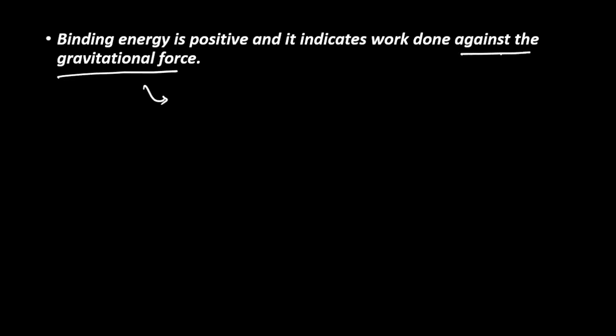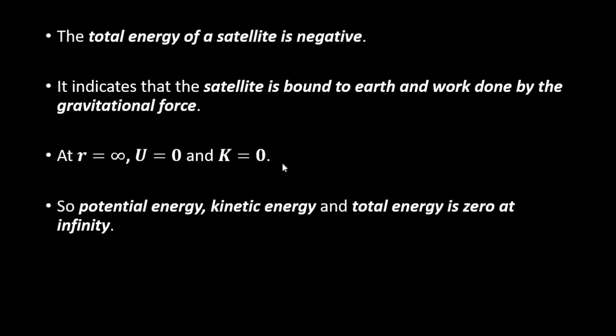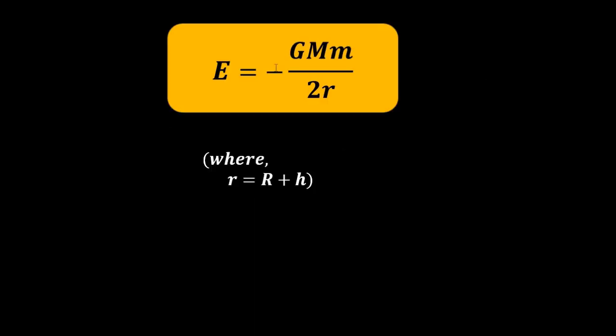Work done by the gravitational force means negative sign. So in the total energy of the satellite, which is minus, the work is done by the gravitational force. Magnitude is the same, but the minus sign means work is done by the gravitational force.